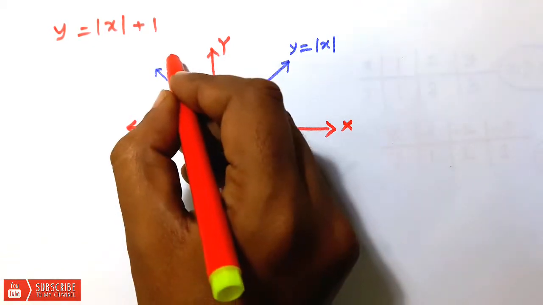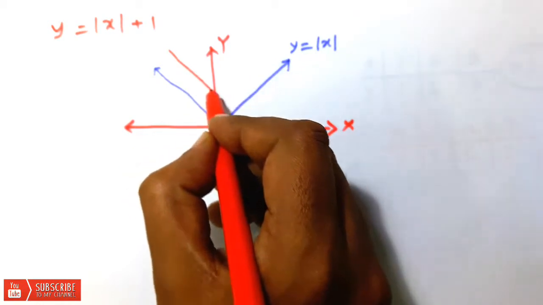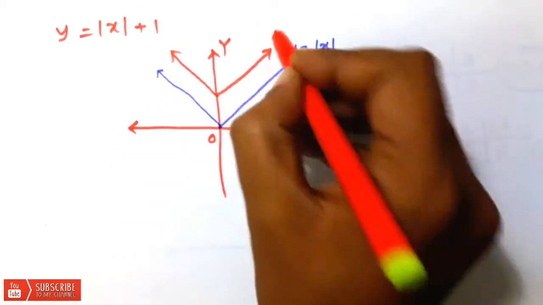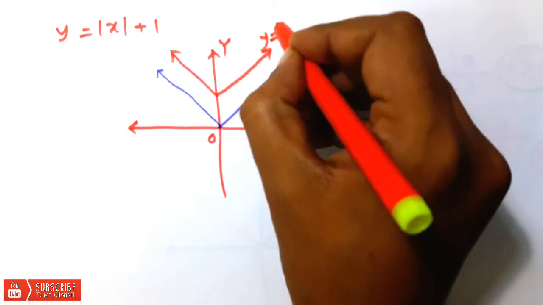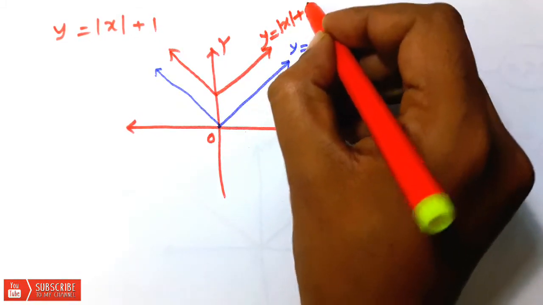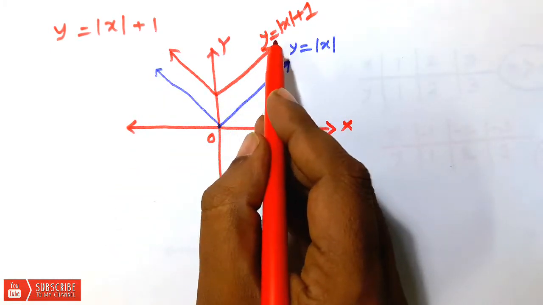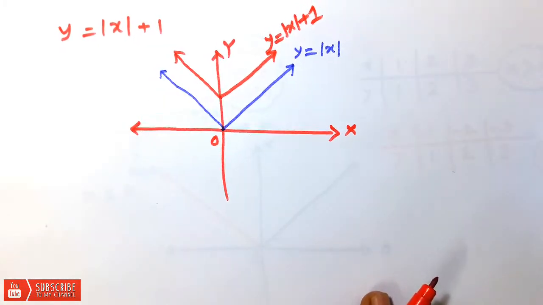So the curve will look like this one. Yes, this red graph is y is equal to mod x plus 1.